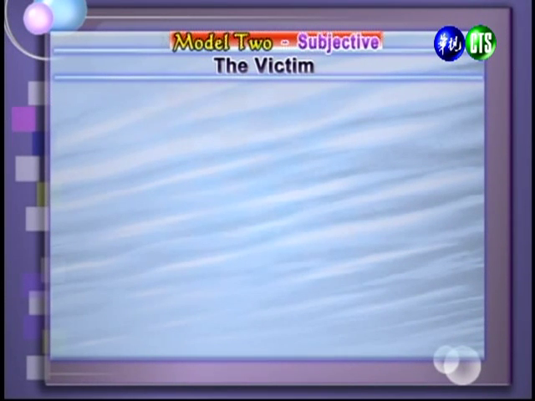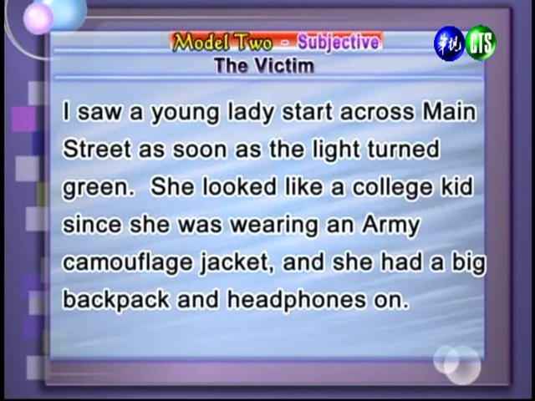好，那我们接下来再来看看主观描述里面是怎么样去叙述受害者的。And so this version, the subjective version, has more opinions and guesses in it. 我们会发现在这个主观描述的版本里面，它有穿插了比较多的意见以及猜测。And so here we don't have a name, but we just have the word young lady. We also have woman and college kid.